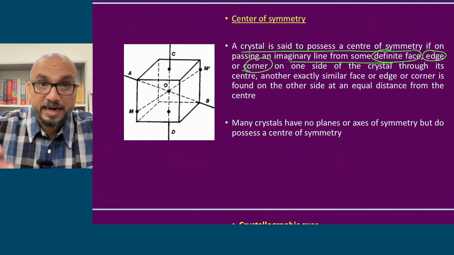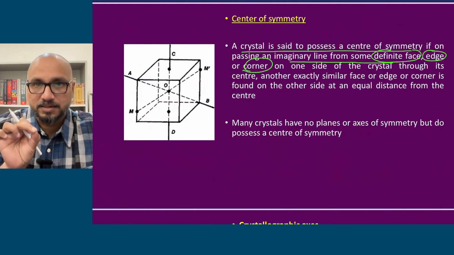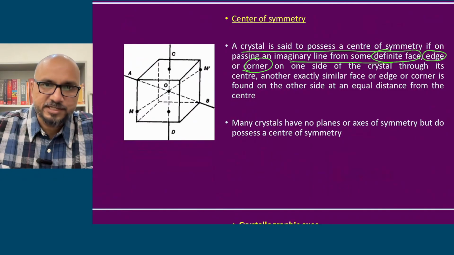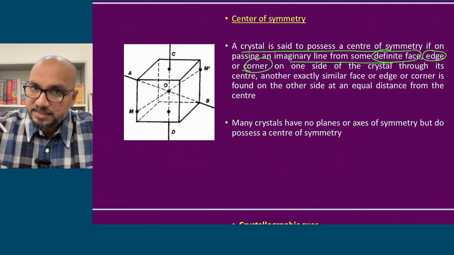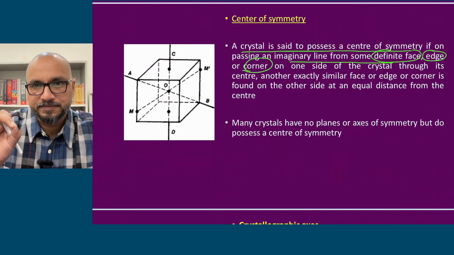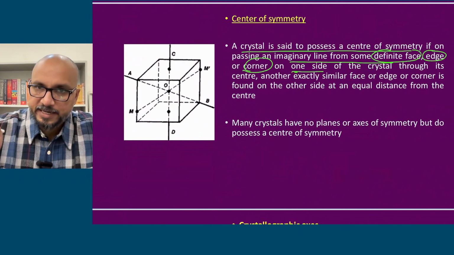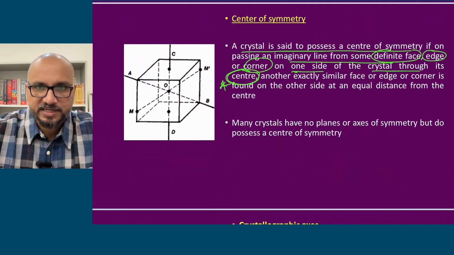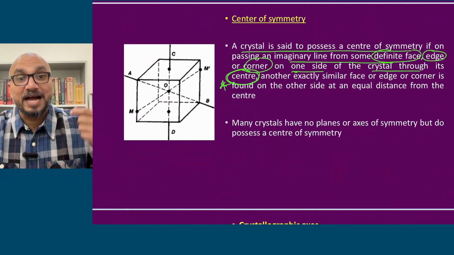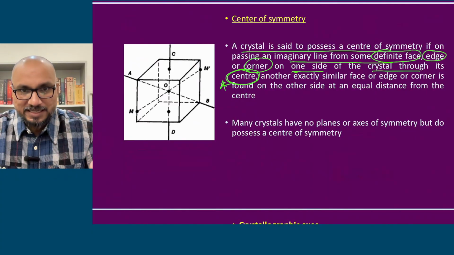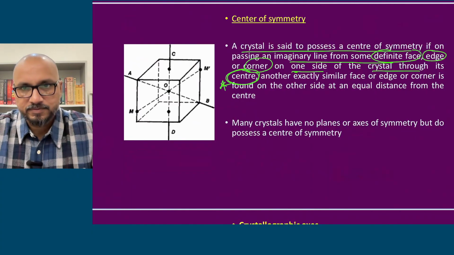And this line has to pass through the center. So from a face or edge or a corner on one side of the crystal through the center of symmetry, this line has to pass to the center. On the other side you will have an exact corner or an exact edge or an exact face.